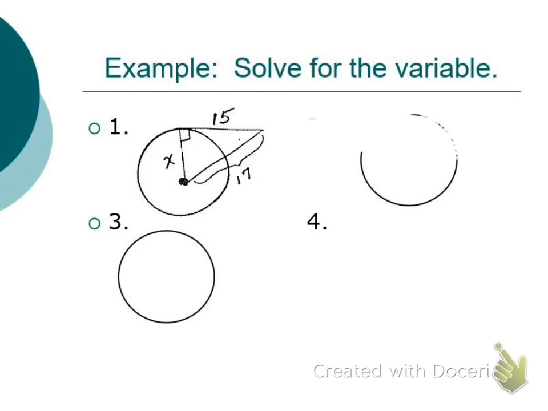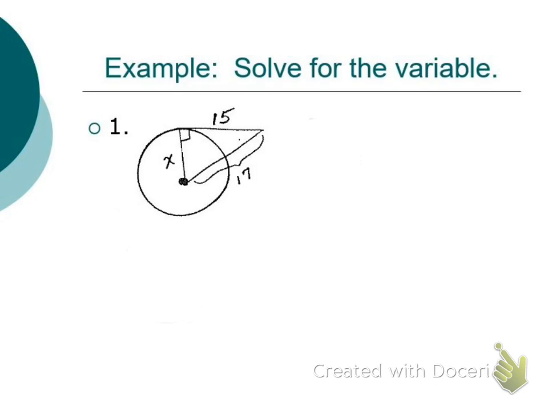All right, so I'm going to take away our other circles for just a minute so we can focus on just our first example. I believe that one's already on your notes for you, so you do not have to sketch it. We are asked to solve for the variable.